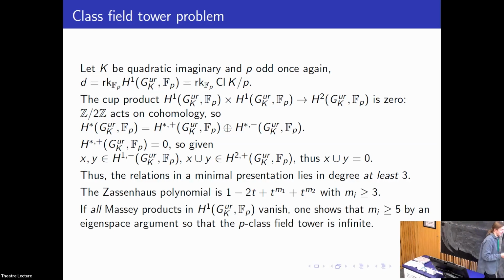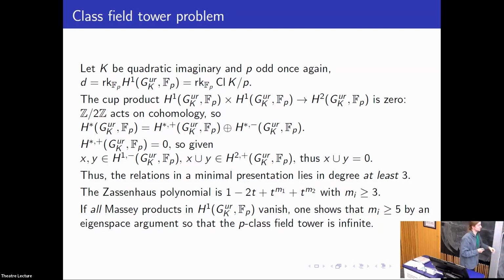But then you can see that if you have such a polynomial, this will have a 0 on the interval from 0 to 1. So the p-class field tower is then infinite. So this is the way you can show that if the threefold Massey products vanish here, then the Sassenhaus polynomial will have a 0 in the interval.